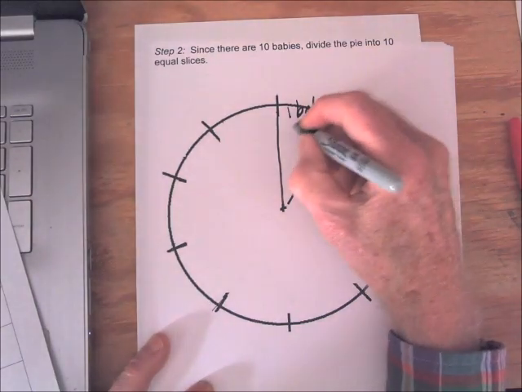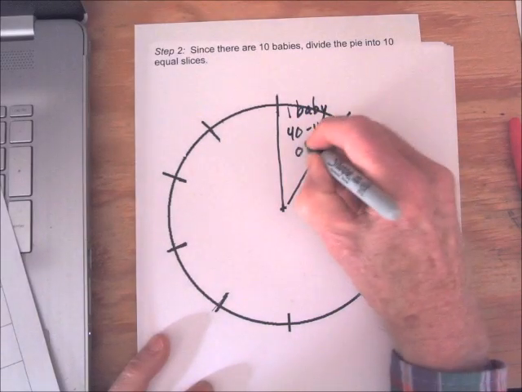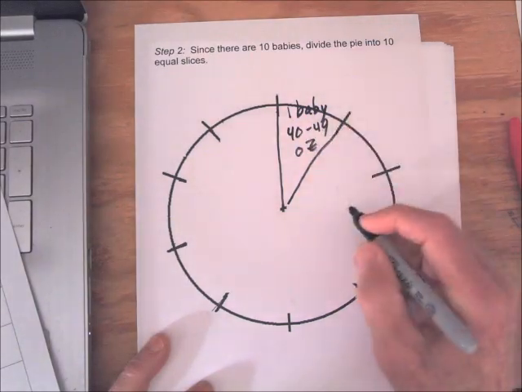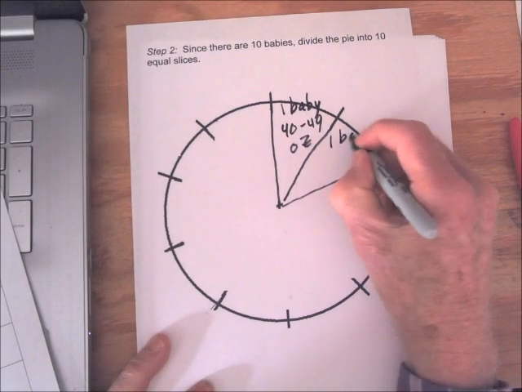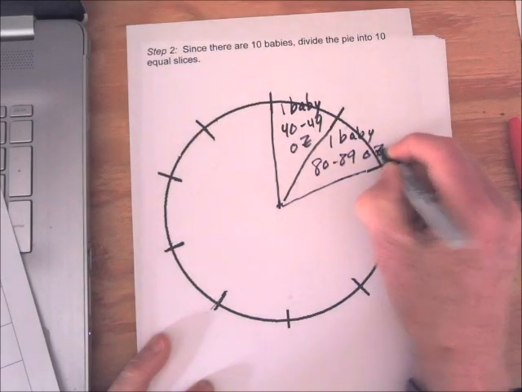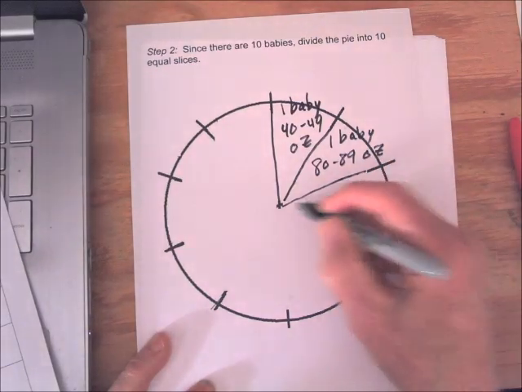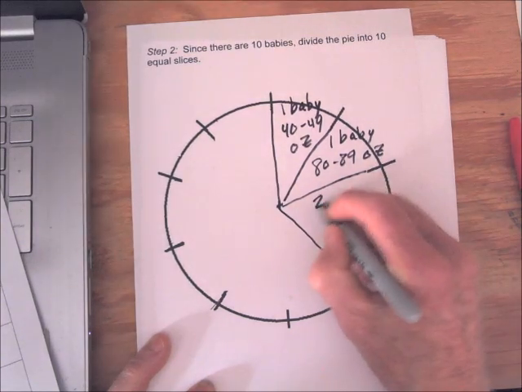One baby, 40 to 49 ounces. One baby, 80 to 89 ounces. Two babies, 90 to 99, so that's two slices of the pie.